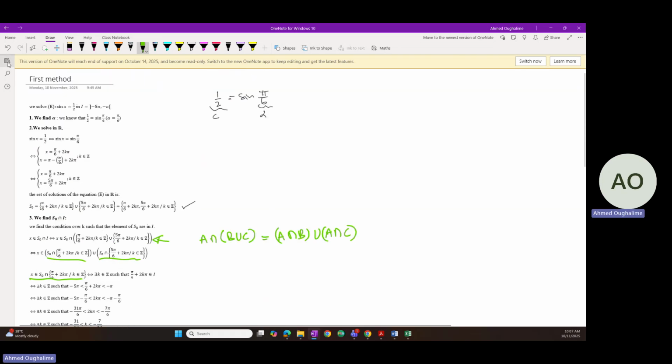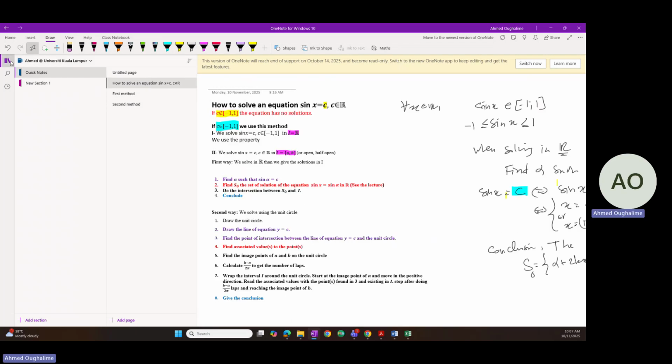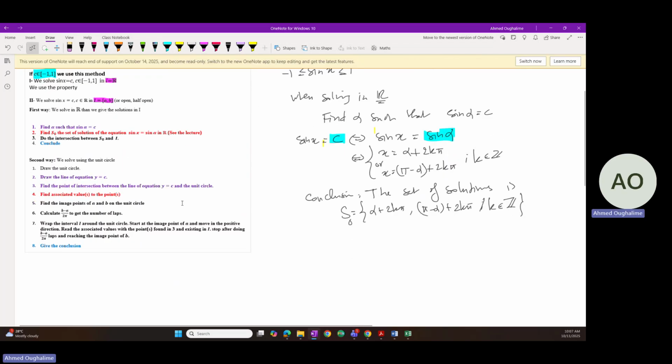The second method: instead of doing it algebraically, we are going to use the unit circle. In the first method, to find alpha such that sine alpha equals c, when using the unit circle, after drawing the unit circle, we draw the line of equation y equal to c and find the intersection points between this line and the circle.